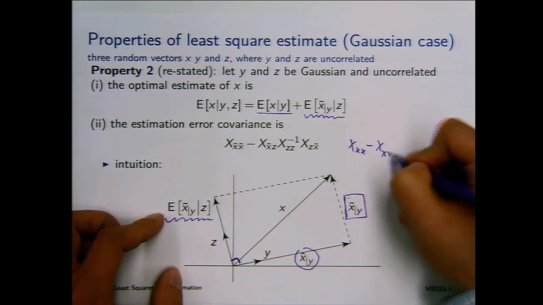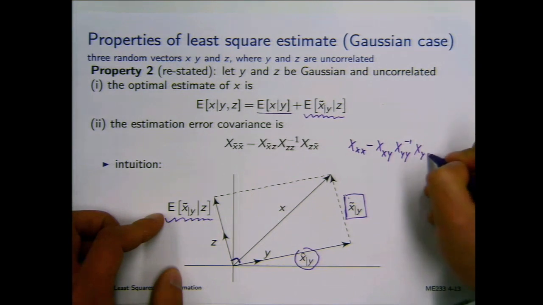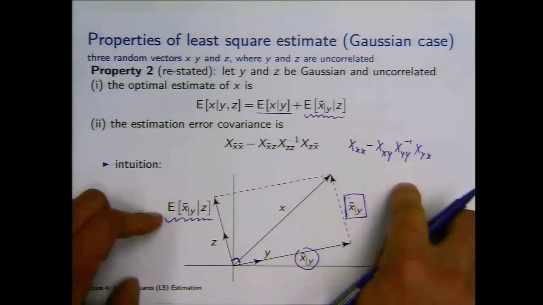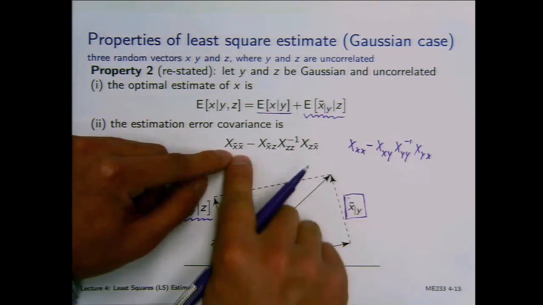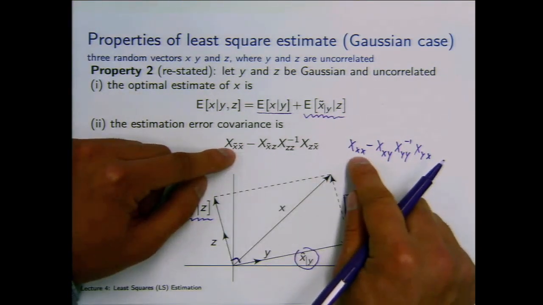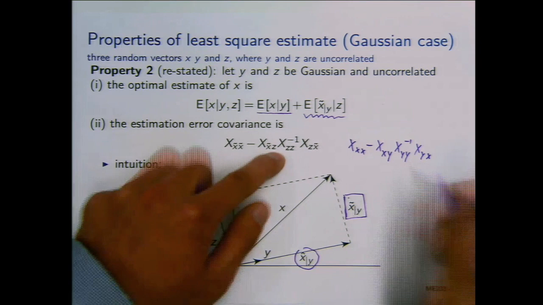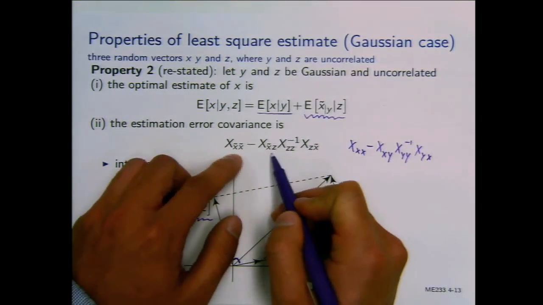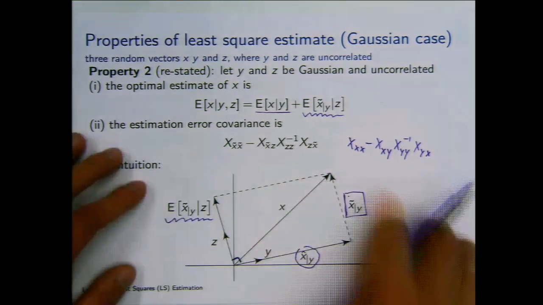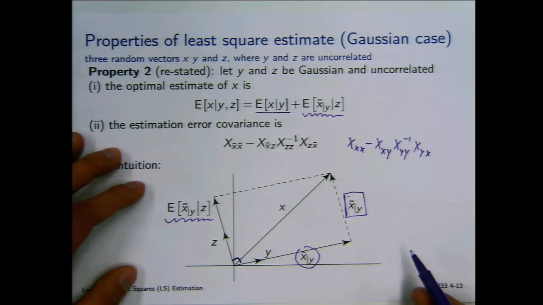If I just have y, then if you recall your notes, it's going to look like this. Now regard this x tilde as x here, and this z as y here. You see, y is improving x here, z is improving x tilde. So the structure looks exactly the same, just change the notations. Okay.